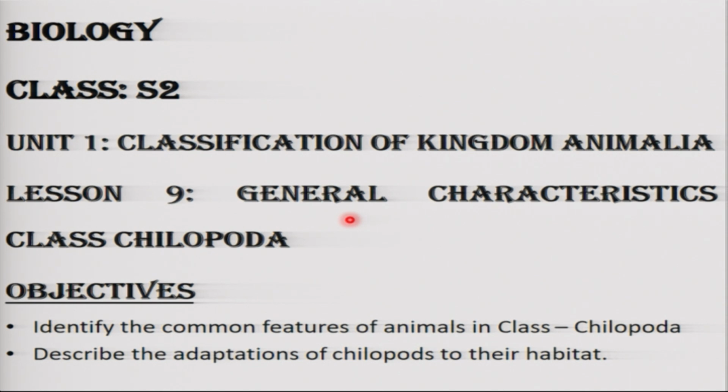So far we have looked at around 3 classes, and we are looking at the 4th class, that is Chilopoda. We looked at the insects, Arachnida, Crustacea, and now Chilopoda, all right? That's where we are today.